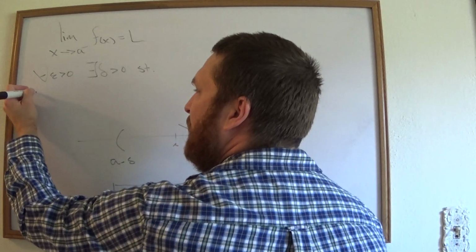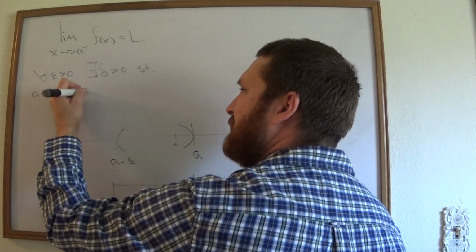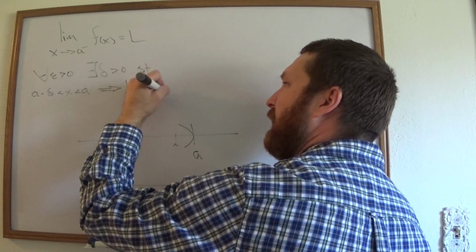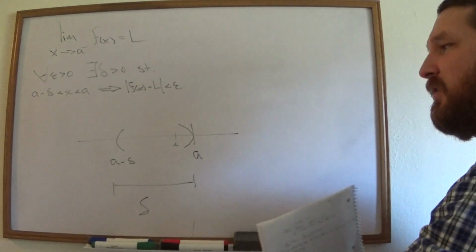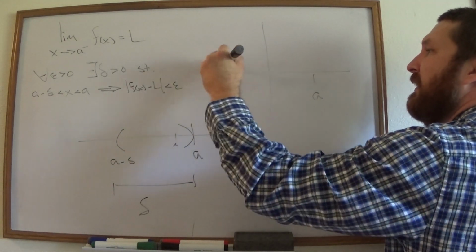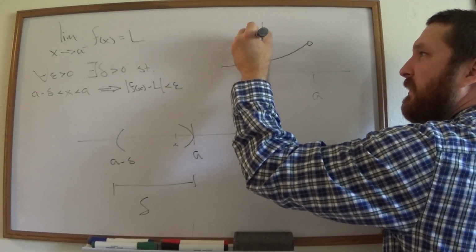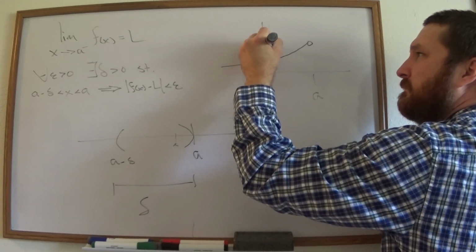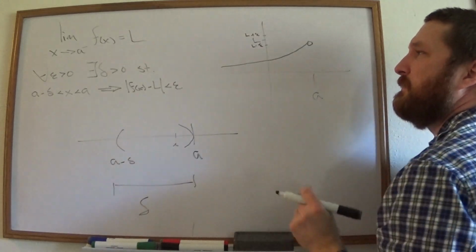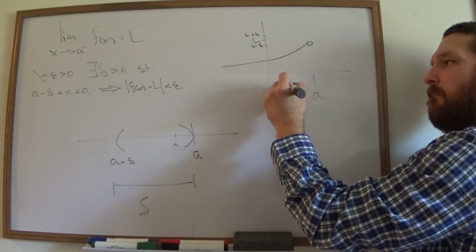So a minus delta less than x less than a implies that |f of x minus L| is less than epsilon. What that would look like is you have an a, you have some function that does this, and here's your L, there's your epsilon. That would be L minus epsilon, that would be L plus epsilon. I could guarantee that you'll be within there as long as you're within here.